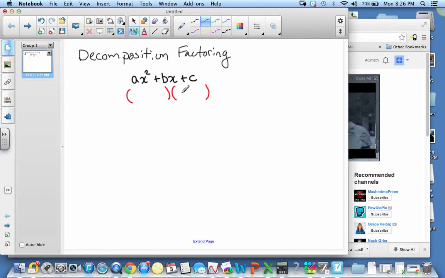I'm not going to fill that in because I don't want to use other letters, but that's the whole idea of factoring. We're going from something that's added to something that's multiplied.